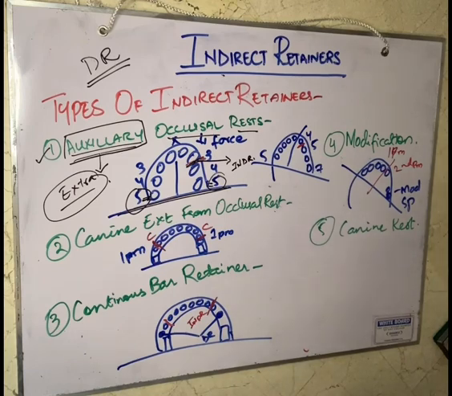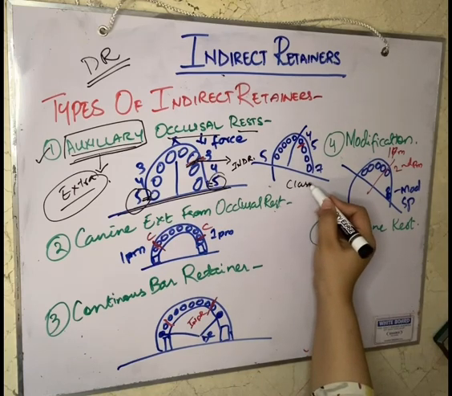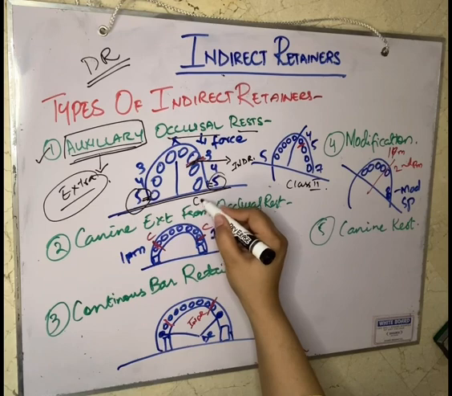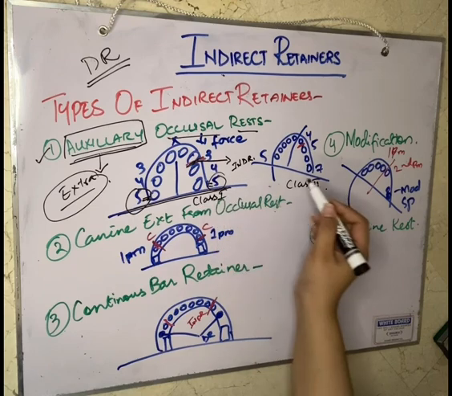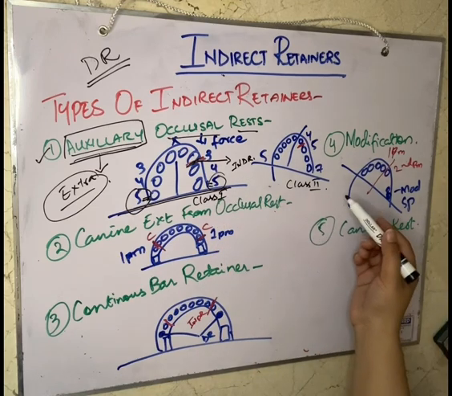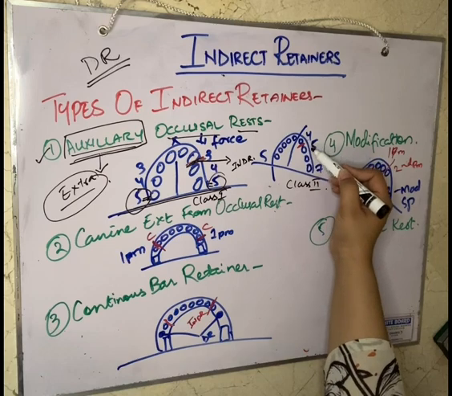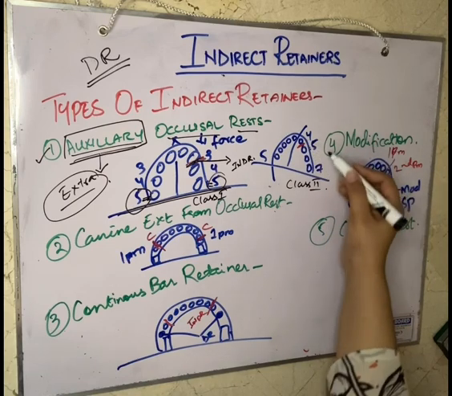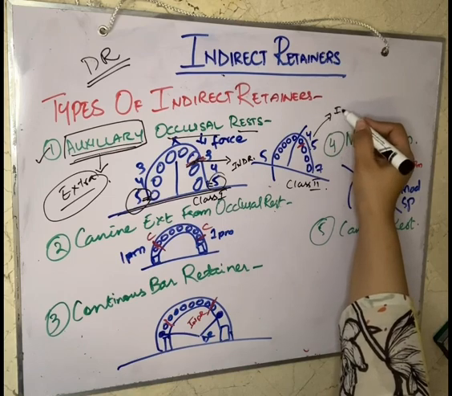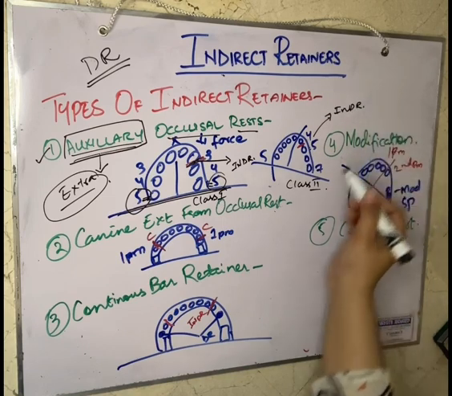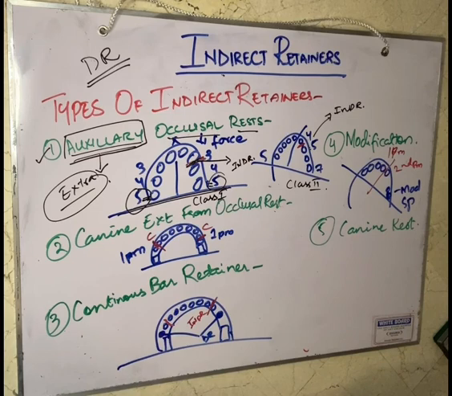And another example is Kennedy's class 2. This is Kennedy's class 2, this is Kennedy's class 1, and in class 2 the occlusal rest will be present in between 4 and 5, right? This will be where the indirect retainer is to be placed, right?